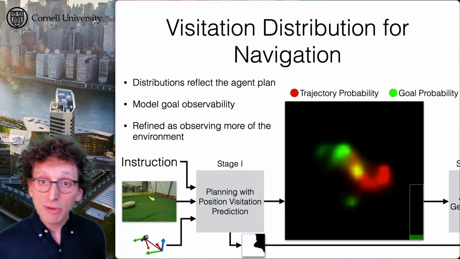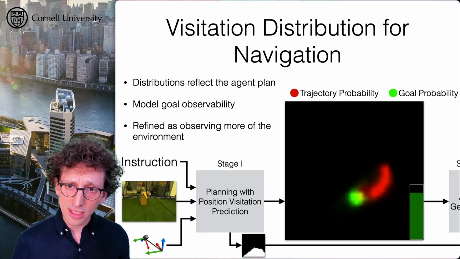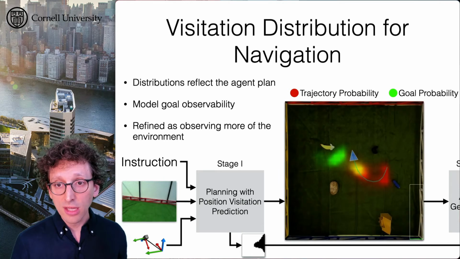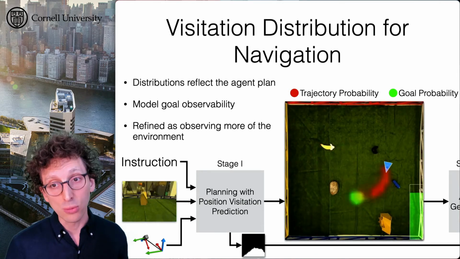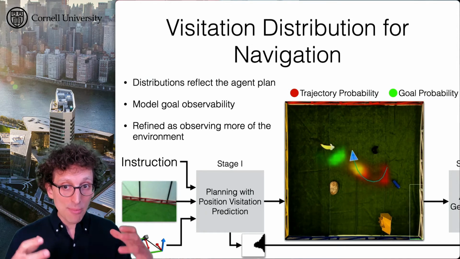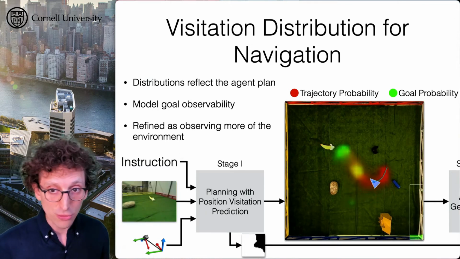This distribution can be treated as reflecting the agent plan, and we can visualize it by superimposing it over an overhead view of the environment, which the agent doesn't have access to, but allows us to see the reasoning that is happening inside the neural network in this intermediate representation.